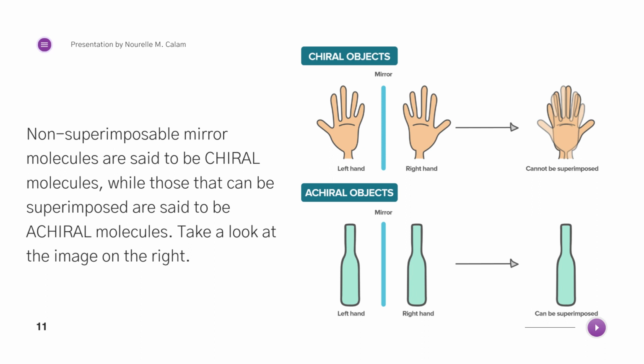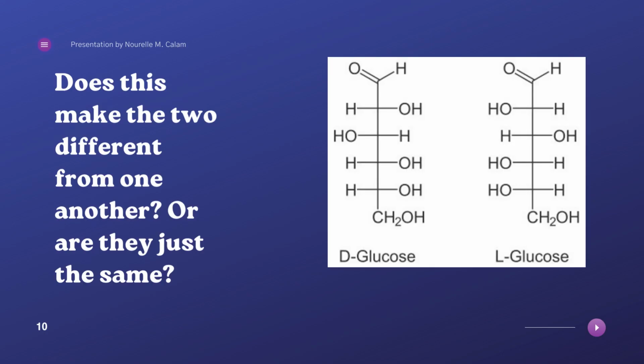Now, non-superimposable mirror molecules are said to be chiral molecules, while those that can be superimposed are said to be achiral molecules. If you take a look at the image on the right side of the presentation, you will be able to see what I'm trying to say. Technically, non-superimposable mirror molecules, say for example, these two types of glucose molecules, the D and L glucose molecules, are non-superimposable and they mirror each other, right?